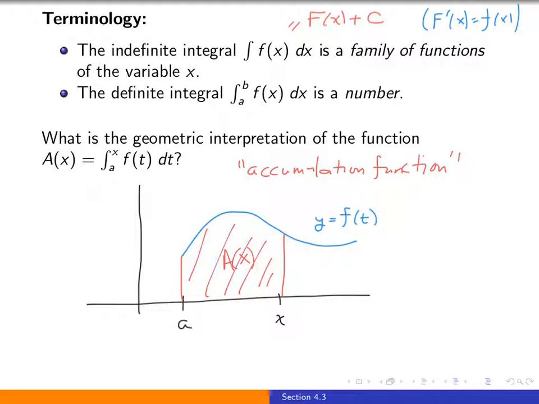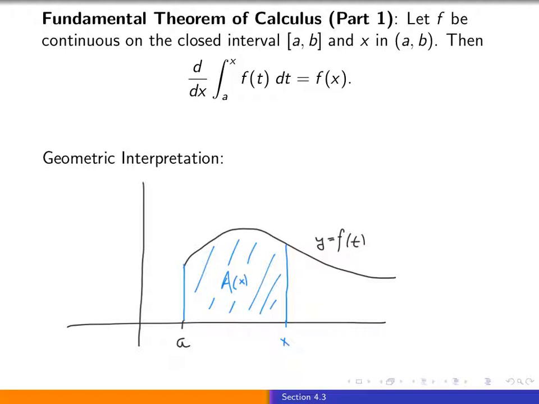And this area function or accumulation function is exactly what is discussed in the first part of the fundamental theorem of calculus. The first part essentially tells us that if we differentiate this area function we had on the previous slide, what we get back is the function value f of x.